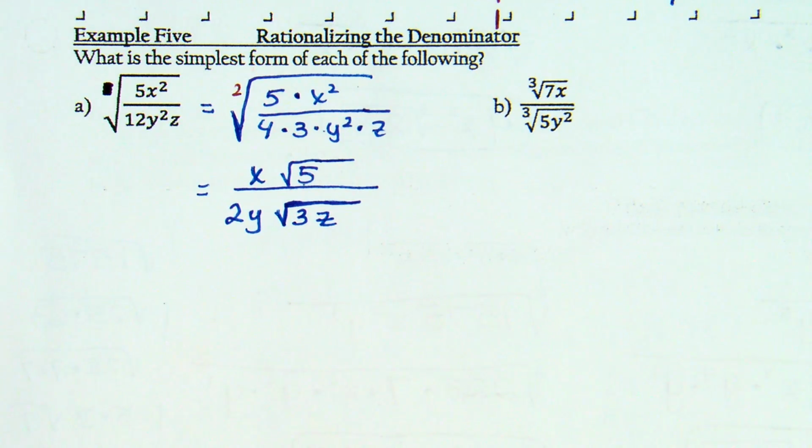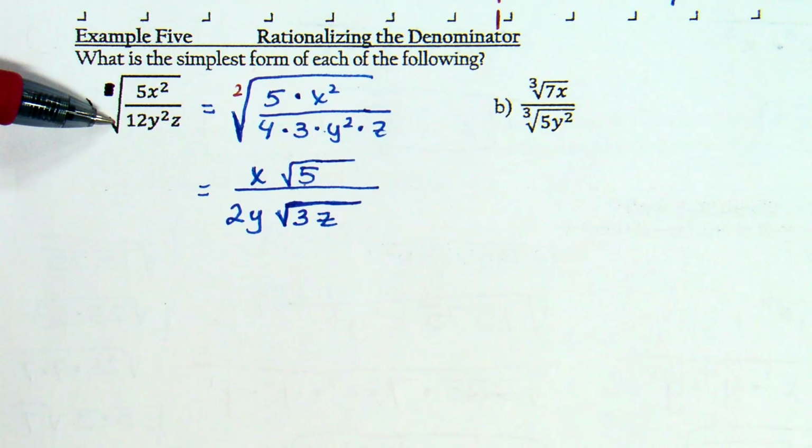Can I leave this as a final answer? No, because I have a radical in the denominator. So what's my radical in the denominator that needs to go? Square root of 3z, which is better than having this whole thing in the denominator. That's how we've made it better.